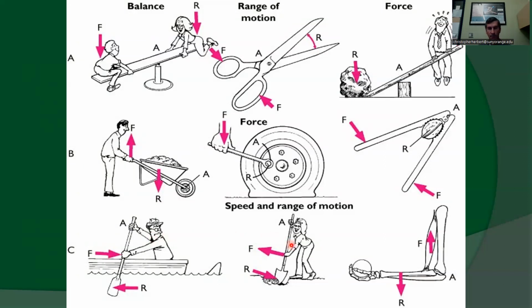Depending on how you put the force in a shovel, you can do this multiple ways. But most importantly, we see levers, in this case, a third class lever for the case of joints.